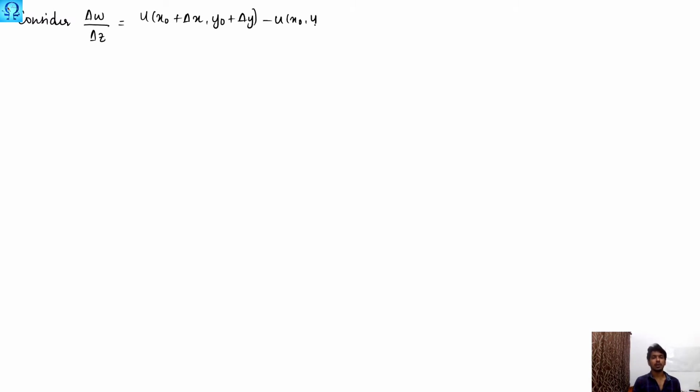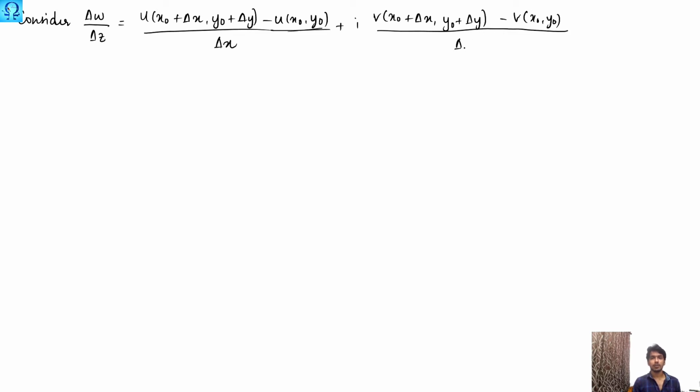Now we shall consider delta w upon delta z as u of x naught plus delta x comma y naught plus delta y minus u of x naught y naught upon delta x, plus iota times v of x naught plus delta x comma y naught plus delta y minus v of x naught comma y naught upon delta x.